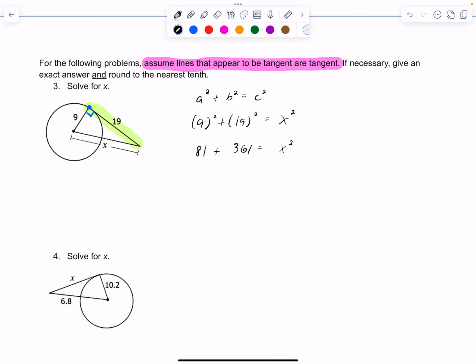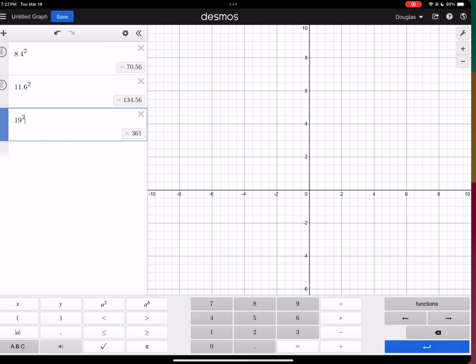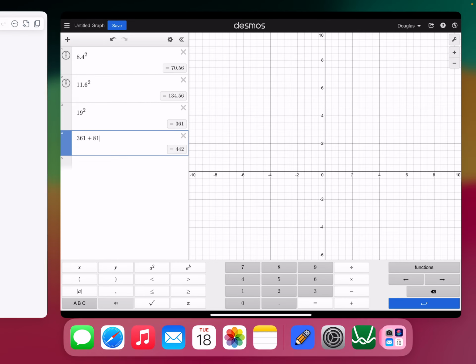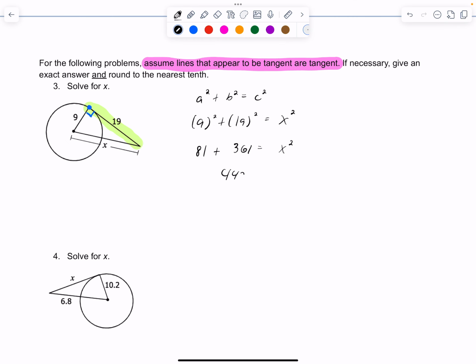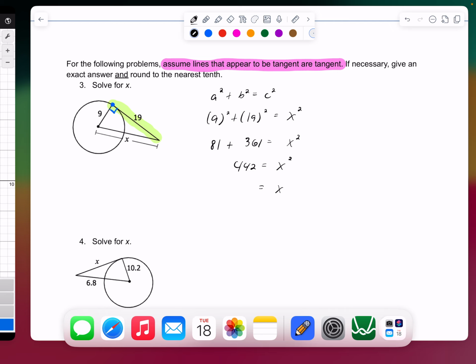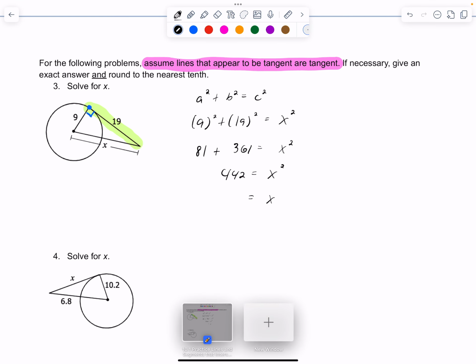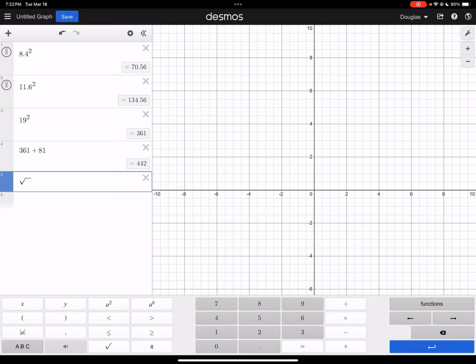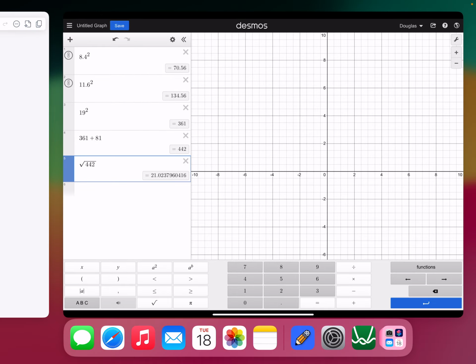Adding those together, 361 and 81 is 442. But again, that's x squared. So to get x by itself, I'm going to take the square root of 442, which to the nearest tenth is 21.0 units.